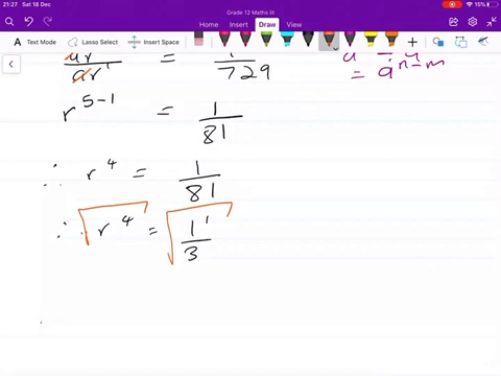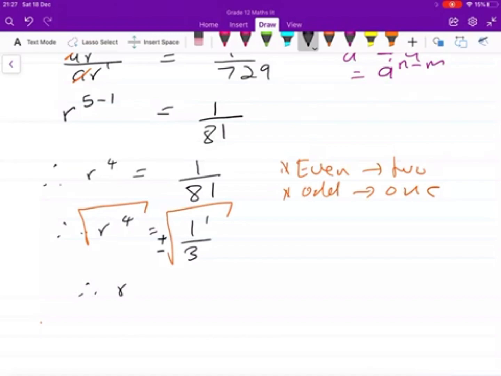When we take an even root, you must have two solutions. So an even number means you get two solutions, and if we take an odd root, say your 1, your 3, we have one solution. So whatever answer we get here must be plus or minus. So R equals, and this was over 81, sorry about that, plus or minus 1 over 3.